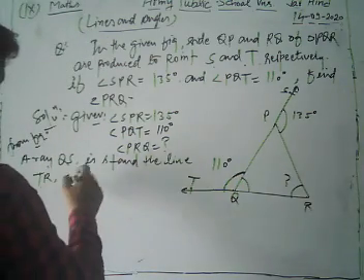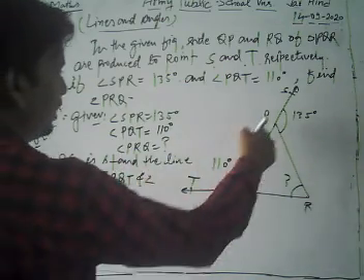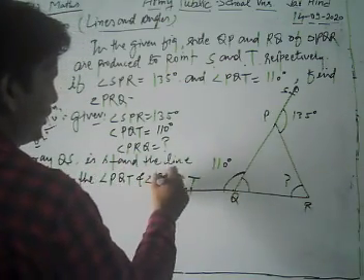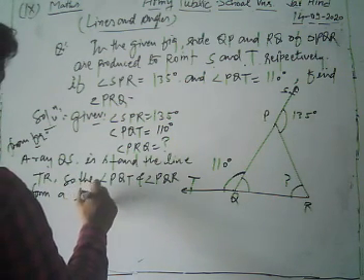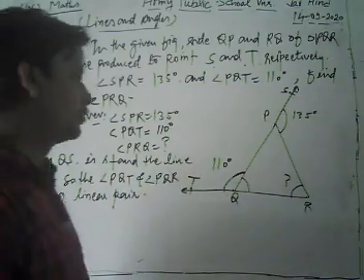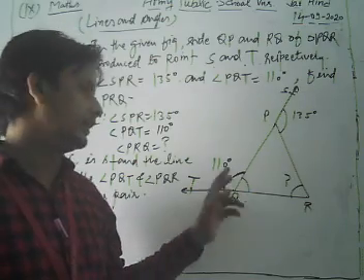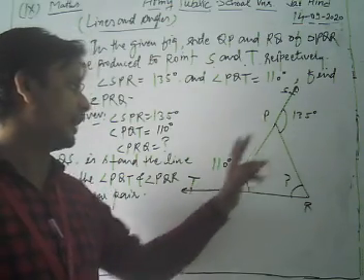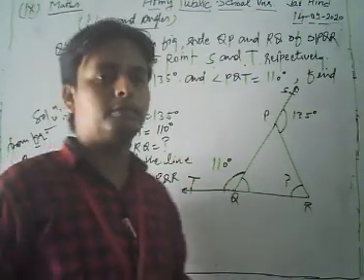So angle PQT and angle PQR form a linear pair, because ray QP stands on the line TR. You know that the sum of a linear pair is 180.